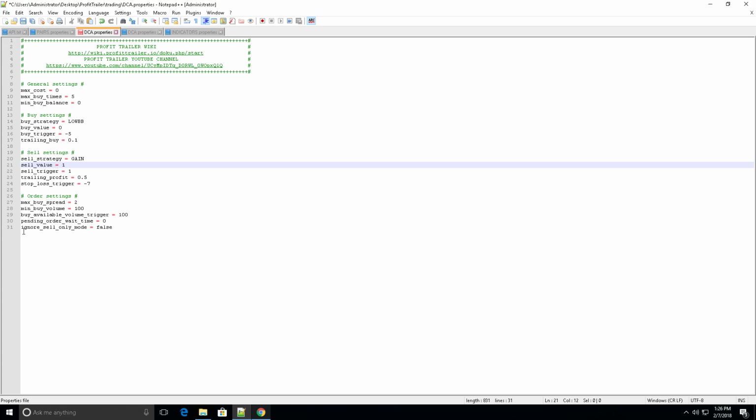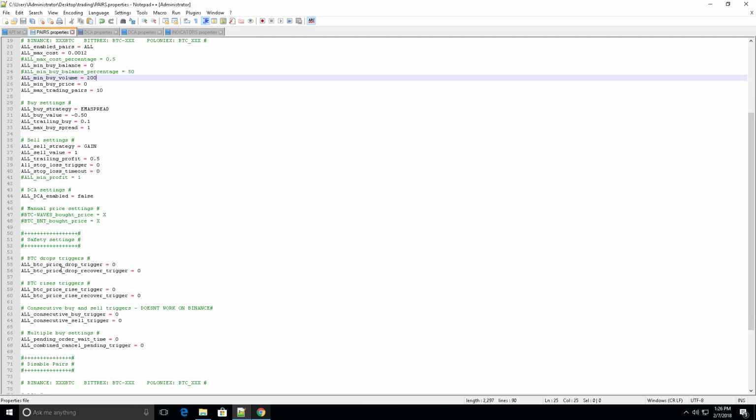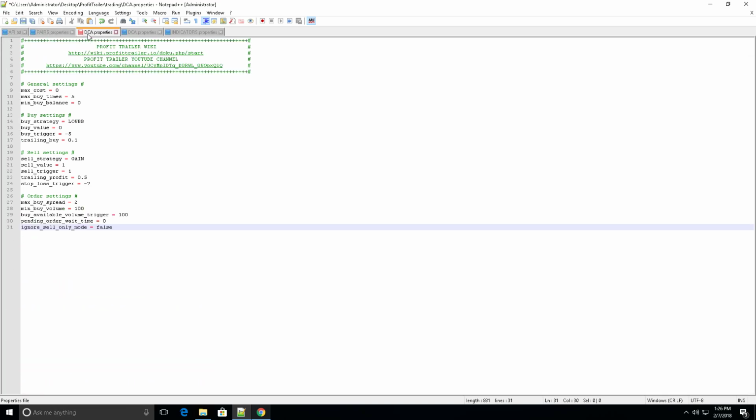All right, so the ignore sell only mode. This is to ignore the sell only mode that you set in this pairs properties file. So when the BTC drop trigger and the other trigger get triggered, you are now in sell only mode, and ProfitTrailer is not looking to buy anything anymore.